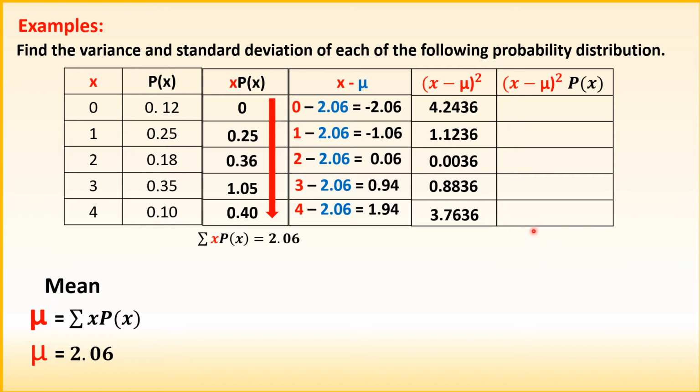Then, yung last na table natin ay yung sagot dito, multiply natin dito sa probability of outcome X. So, let us multiply this. 0.12 times 4.2436 is 0.5092.